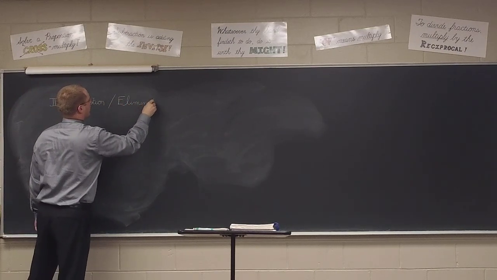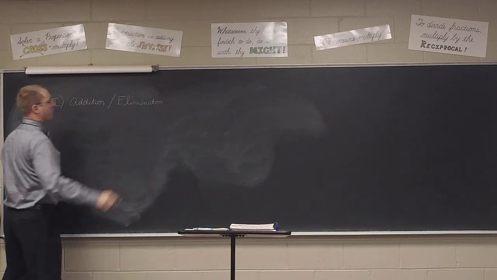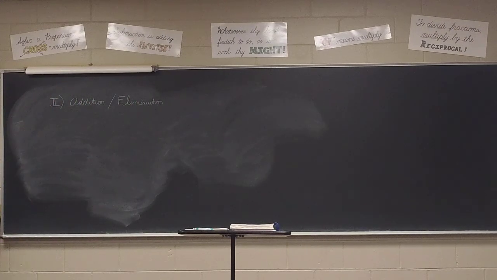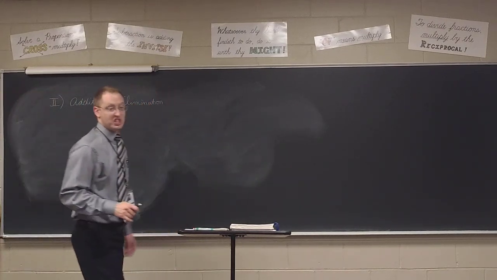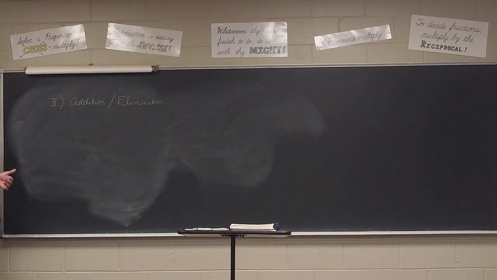The addition or elimination method. I'm giving you both names because depending on the math text you look at, it could be called either of these names. I believe our textbook refers to this as the elimination method, but you'll see other textbooks that refer to it as the addition method. They both work very well.